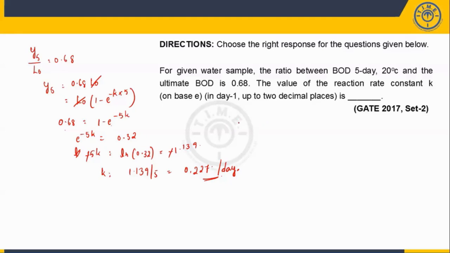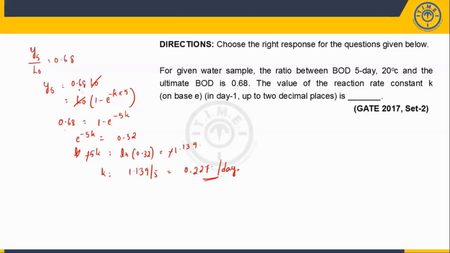Sir, I got an equation. Instead of taking ultimate BOD L naught, I took it as Yt and applied the formula Yt equals L naught times 1 minus e power minus kt.